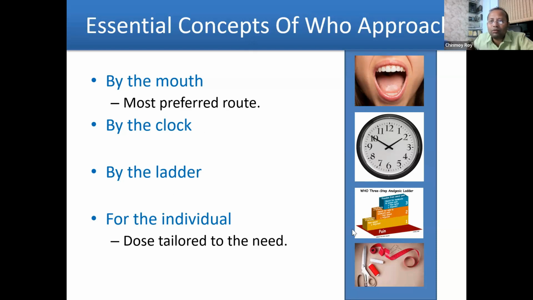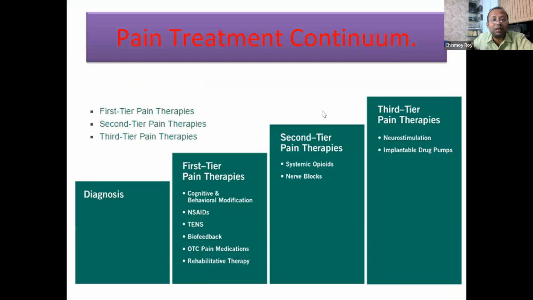As I told you, when the patient comes multiple times, you will assess what is the condition of the pain at that point of time, after taking how much drug. So you will decide that, okay, now this patient should get this much pain relief. So that is by the ladder. And for the individual: pain is a subjective symptom.